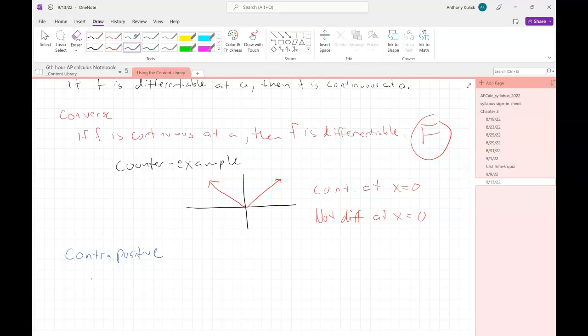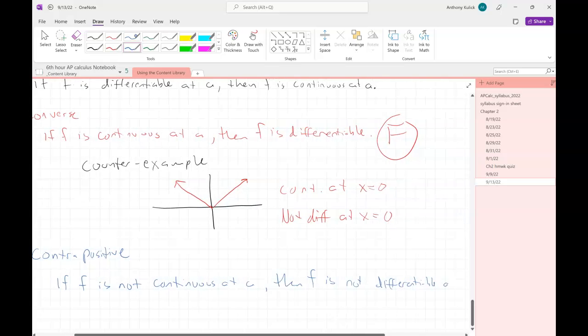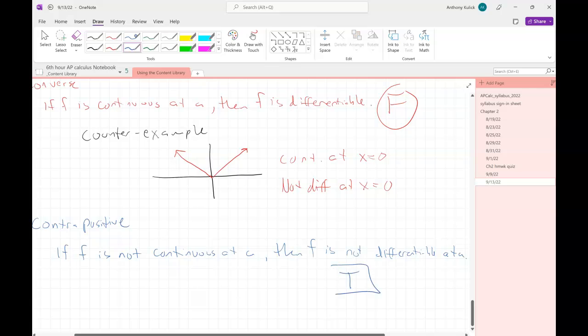So we'd say if f is not continuous at a, then f is not differentiable at a. And that one is true. Most definitions should be written so that the statement as well as its contrapositive should be true.